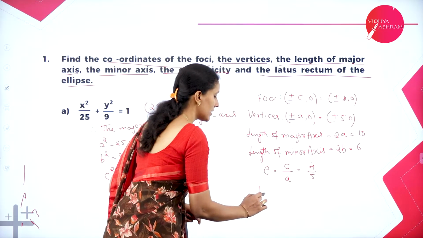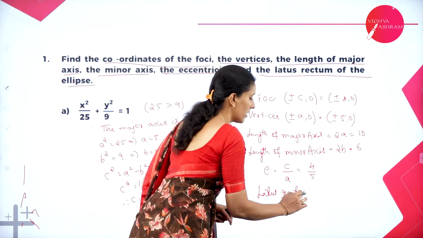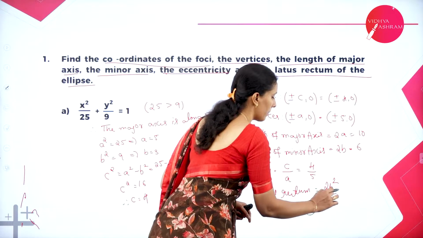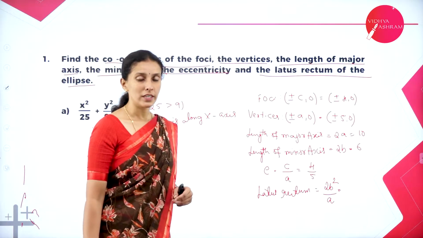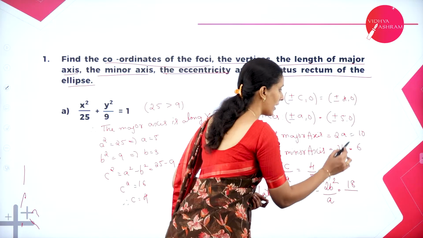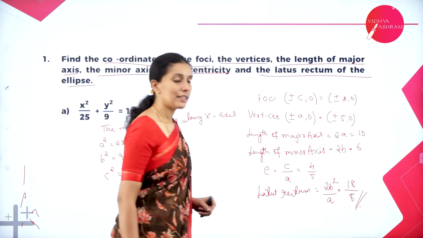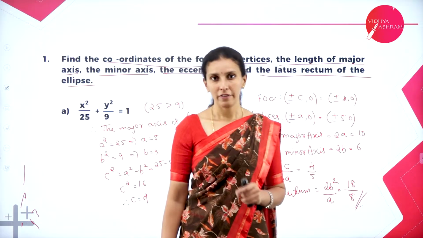We know the length of latus rectum is given by 2b square divided by a. What is the value of b? It is 3. 2 into 3 square is 9 into 2, which is 18, divided by the value of a, which is 5. So, latus rectum will be equal to 18 divided by 5.